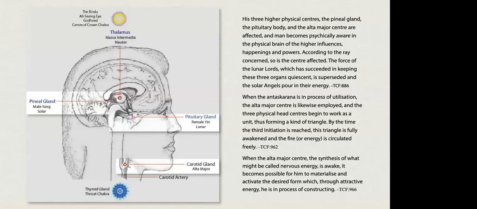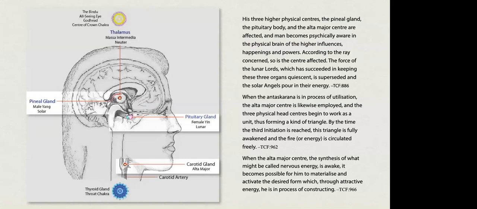When the Antahkarana is in process of utilization, the Alta Major Center is likewise employed, and the three physical head centers begin to work as a unit, thus forming a kind of triangle. By the time the third initiation is reached, this triangle is fully awakened and the fire or energy is circulated freely.